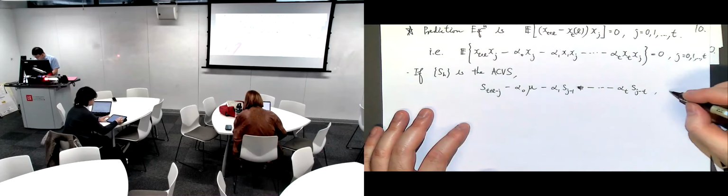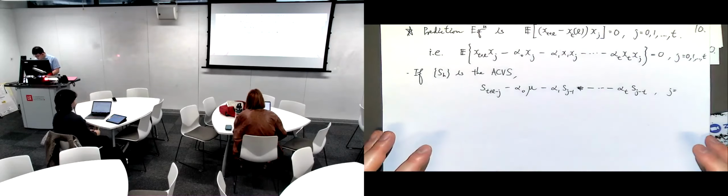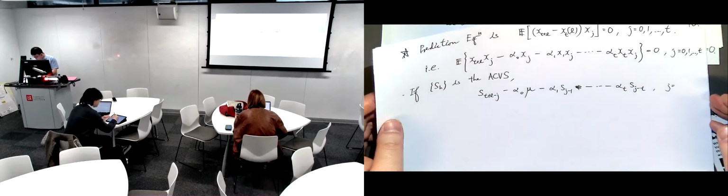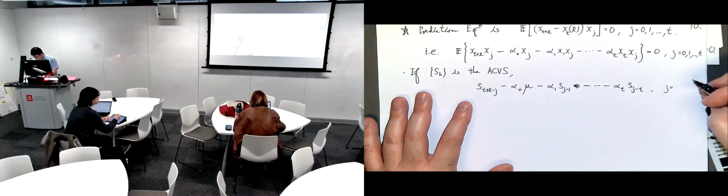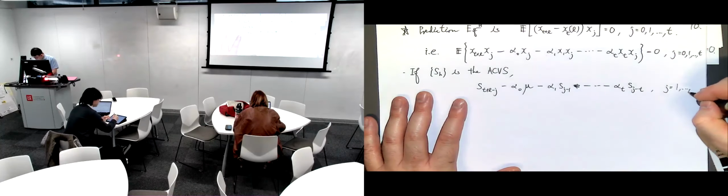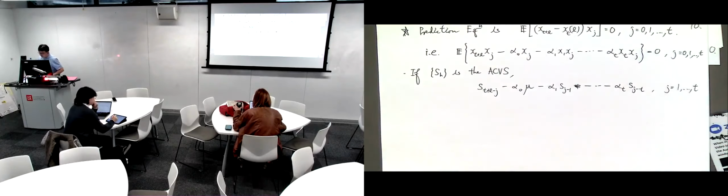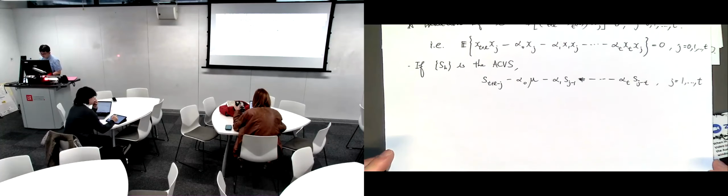And this whole set of equations is true from 1 to t actually. When we say X_j is X_0, then X_0 is actually 1. It's not a random variable, so you cannot involve that with the ACVS.